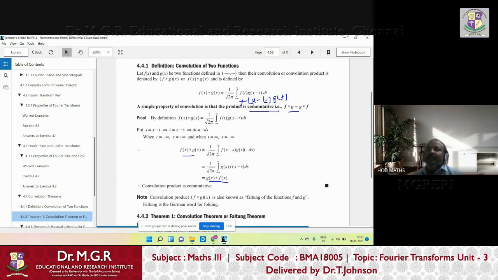So in that case, subtraction doesn't follow the commutative property, but addition and multiplication follow the commutative property. Similarly, this star also represents some operation. The operation is nothing but the integral operation, and it is also commutative. Commutative means you can put f and g in any order, right? If f of x is sin x and g of x is cos x, then sin x convolution cos x is the same as cos x convolution sin x, right?